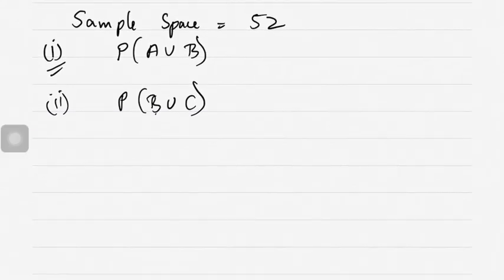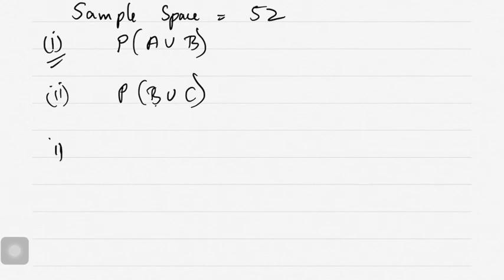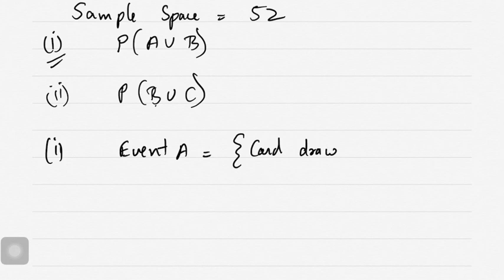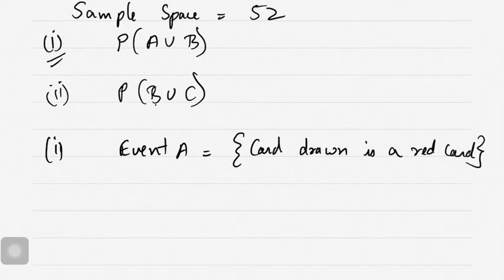Fine. Okay, let us name the event for the first part. Event A is equal to card drawn is a red card.